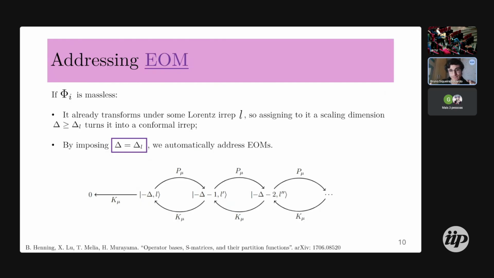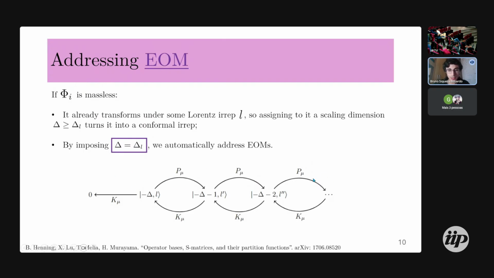You take a massless field which transforms into some Lorentz irreducible representation. You assign a scaling dimension to it, really artificially. It doesn't have a true physical meaning. And then you impose that this scaling dimension equals the unitarity bound, and this has a one-to-one correspondence to equations of motion.